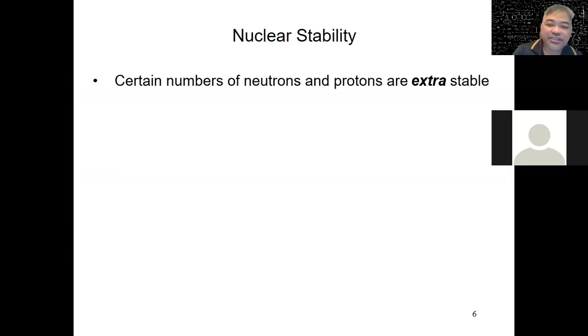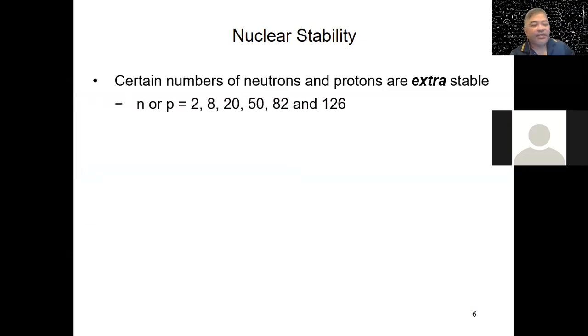So let's look at stability. How can we say a given element is stable? They found out that certain numbers of neutrons and protons are extra stable, especially the numbers of neutrons and protons of 2, 8, 20, 50, 82, and 126.